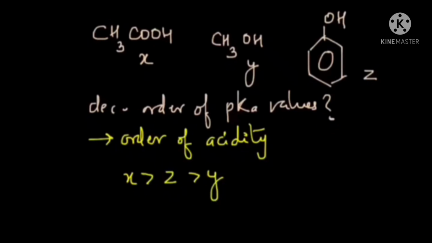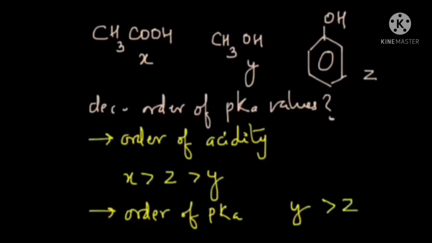And now since we have the order of acidity, we can write the pKa order as the opposite of this, and so we can write Y will have the highest pKa followed by Z followed by X, and that is the answer.